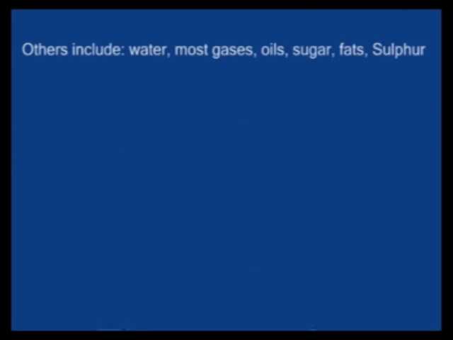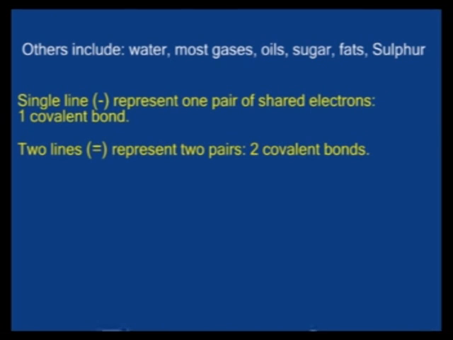Other substances that form covalent bonds include water, most gases, oils, sugar, fats, sulfur, and so many others. A single line represents one pair of shared electrons, and thus one covalent bond. Two lines would represent two pairs of shared electrons, and thus two covalent bonds. A single line represents a single covalent bond, which represents a single pair of electrons.